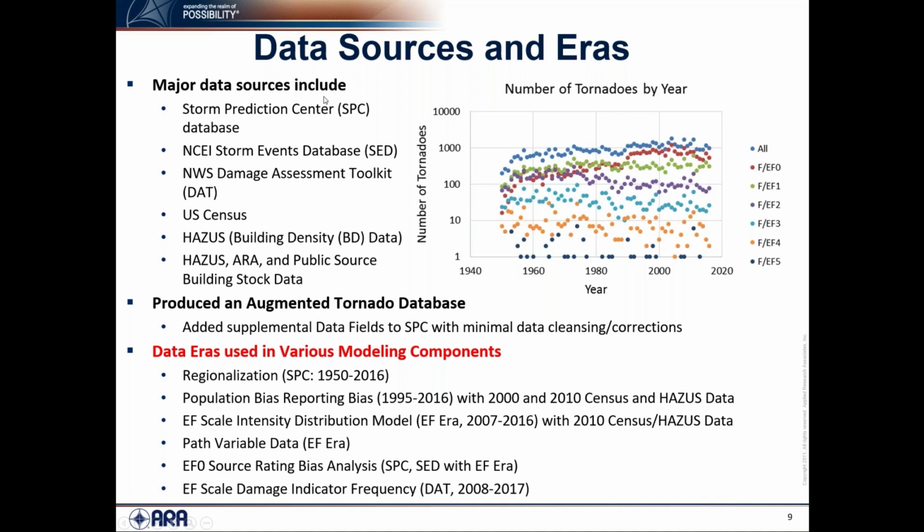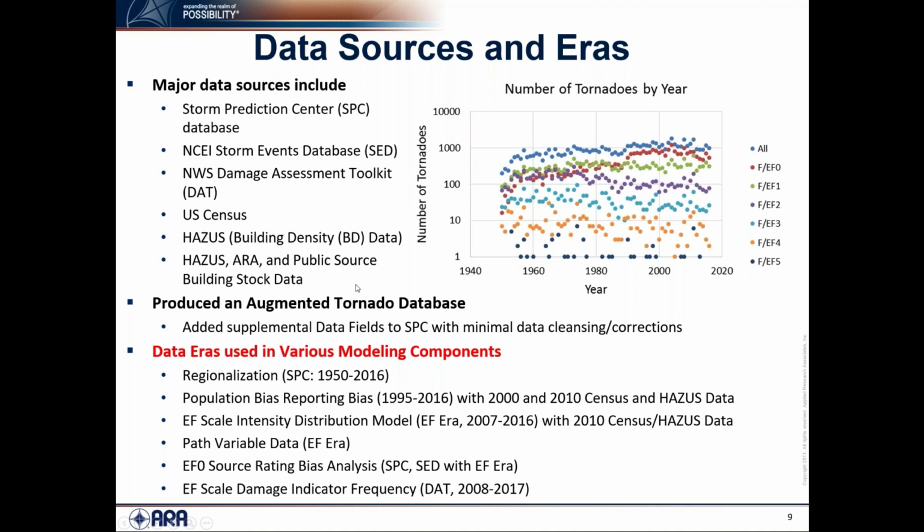Some of these data sources and eras are our major data sources. I mentioned the SPC and NCEI databases, the damage assessment toolkit, ASCE, and a FEMA tool. We were able to get some building stock information from there, and US Census data. On the right, we show the trends over time for all tornadoes, as well as tornadoes for F or EF scale from the beginning.